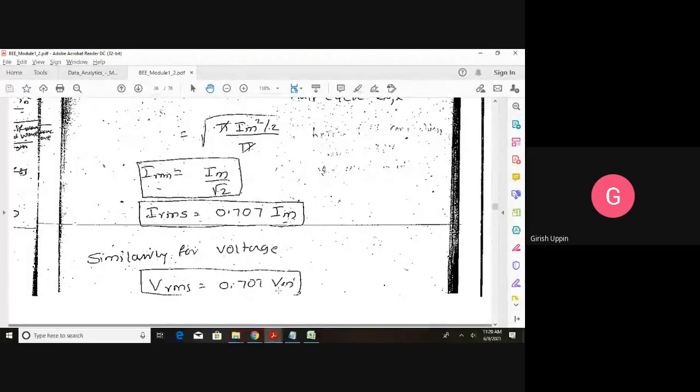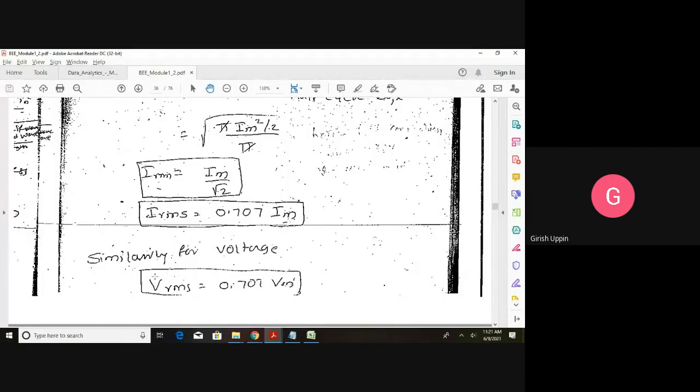This is how we represent the RMS value for the current and the voltage: capital I with suffix RMS, capital V with suffix RMS. The RMS value is either represented like this, or just as capital I and capital V.